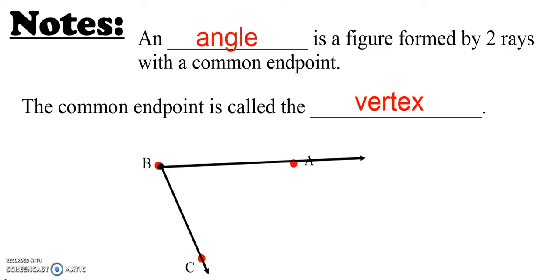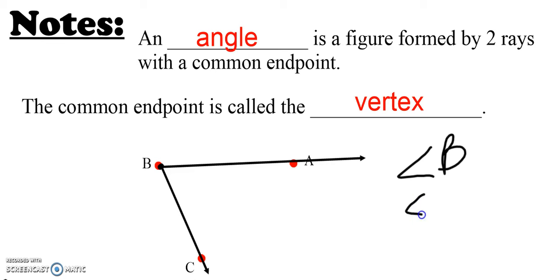So with this angle, there are multiple ways to name this angle. This angle can be named angle B, or it can be named using all 3 letters where your vertex is always the center letter.